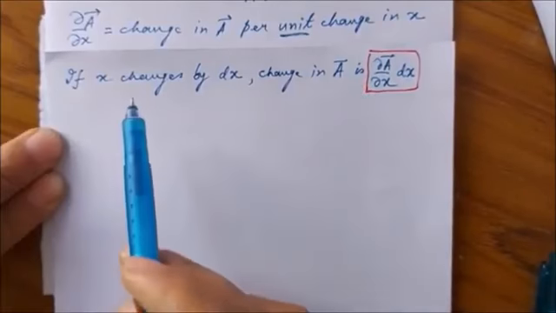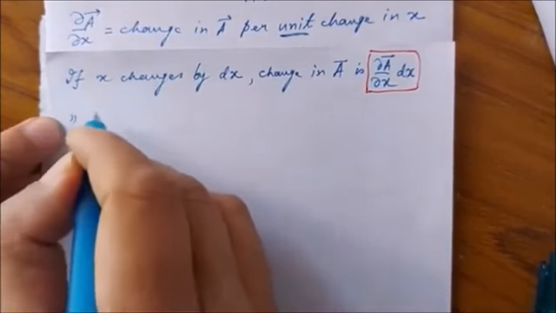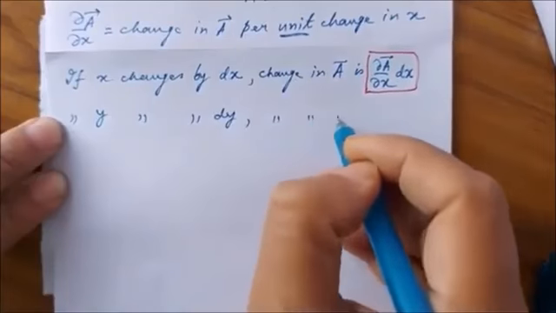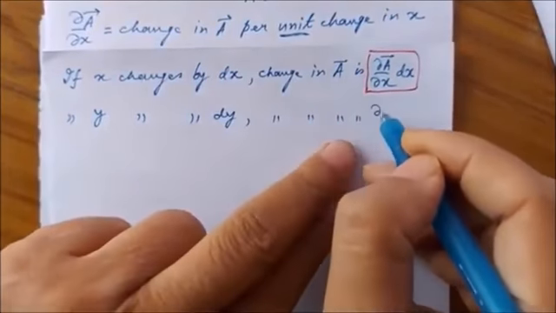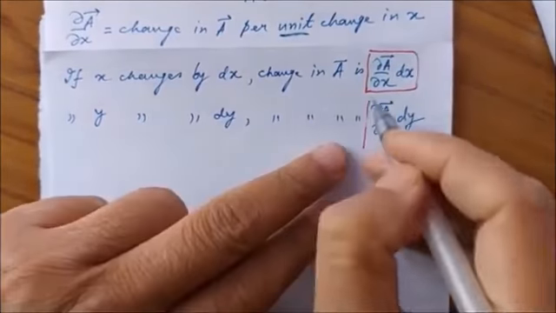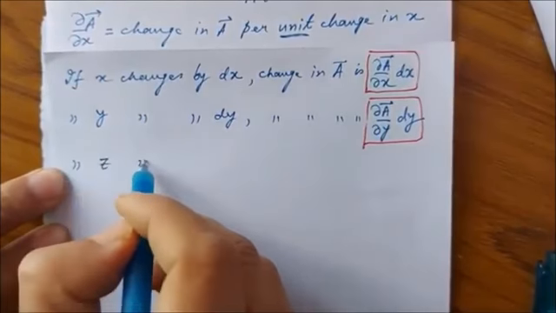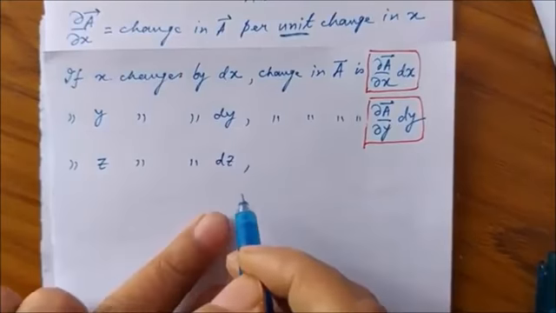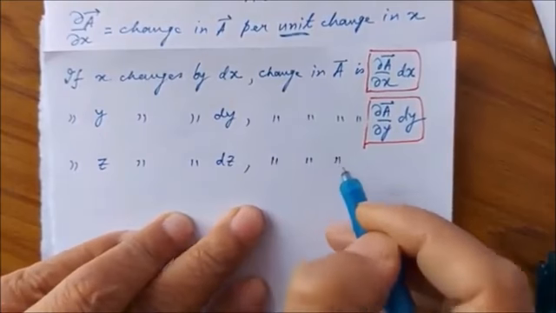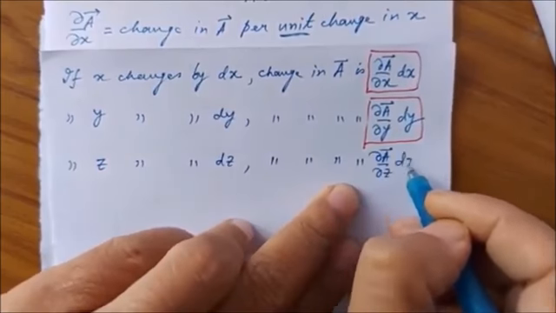Now let us make changes in y only, keeping x and z constant, and in that situation, if y changes by dy, then change in A is, simply replace x by y, and if z changes by dz, holding x and y to be constant, then change in A is del A del z dz.